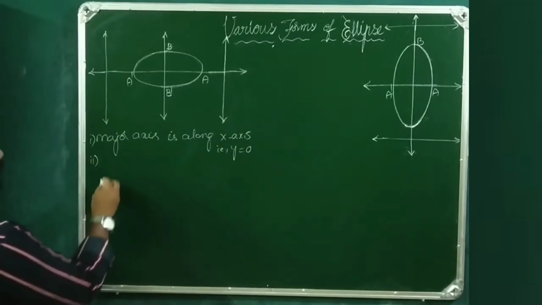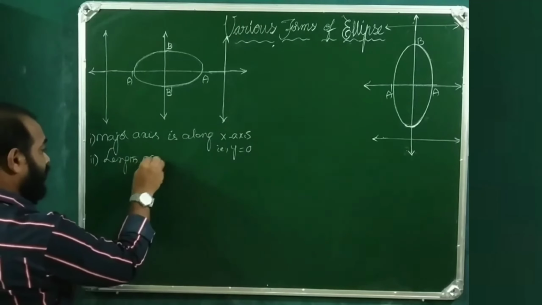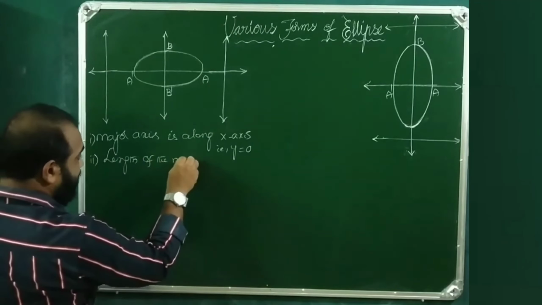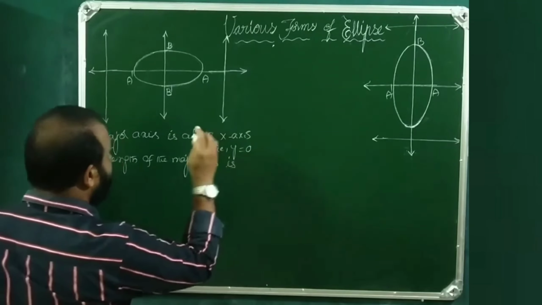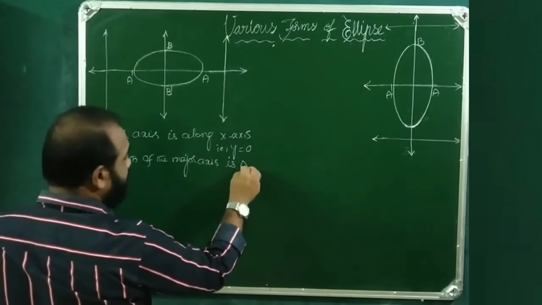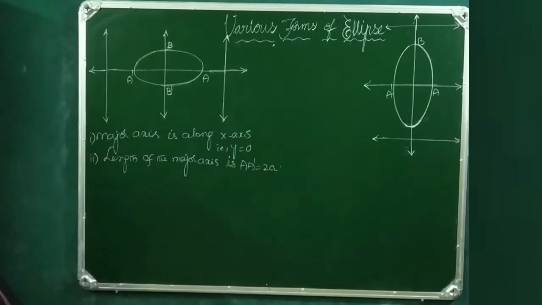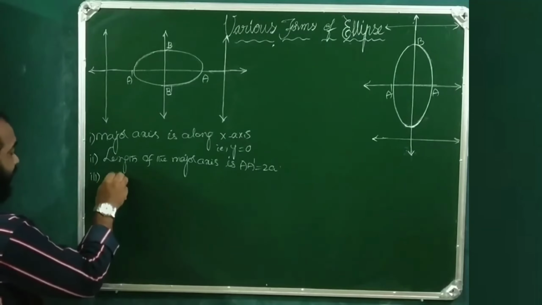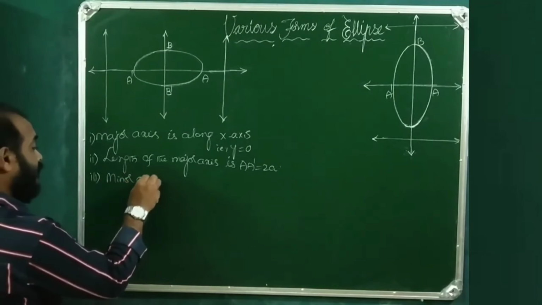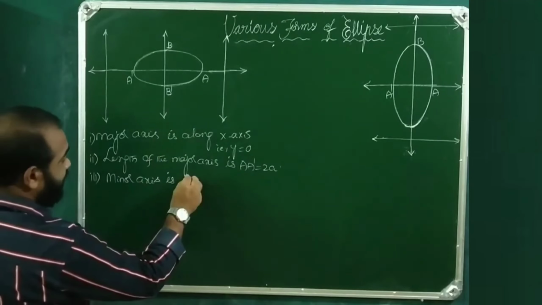Therefore, the length of the major axis AA dash is equal to 2a, and the minor axis is the y-axis.